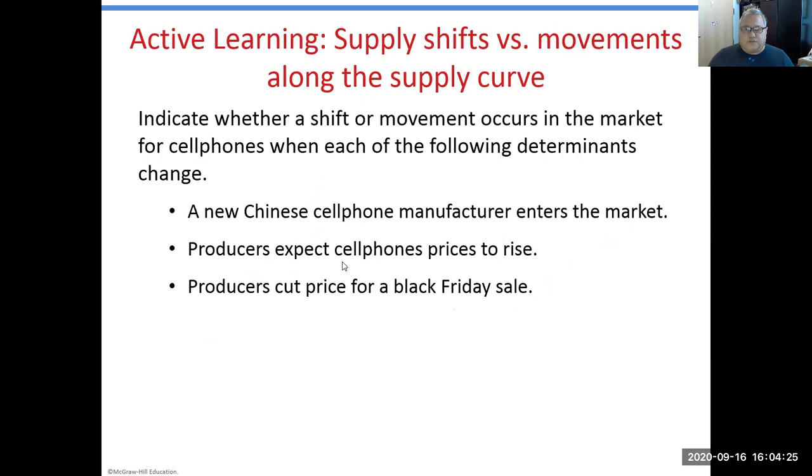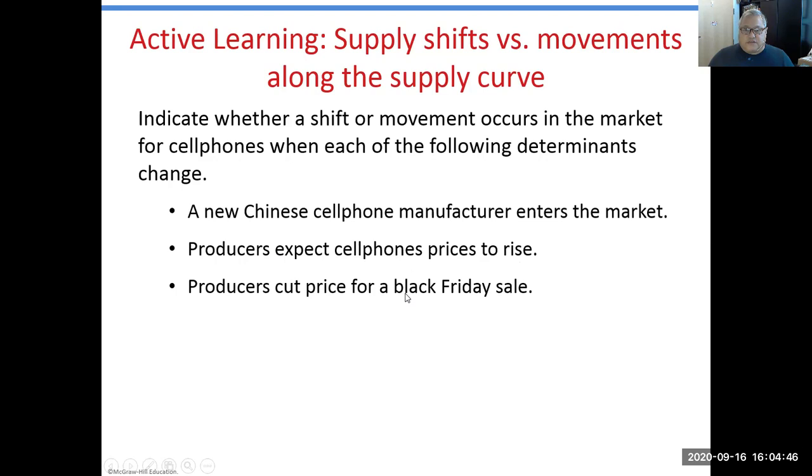Second, producers expect cell phone prices to rise. So if producers expect cell phone prices to rise, you might see an increase in the quantity supplied by the existing firms in the industry. So that would be a movement along the supply curve.